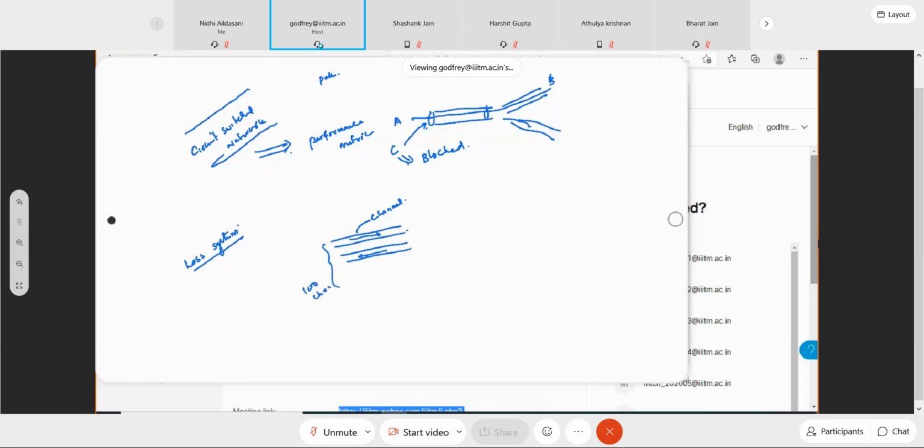Now let us assume only 100 channels are available. These channels are between the mobile devices and the base station, right? So this is the base station, and let's assume it has a capacity of maximum 100 channels. Now let's assume that 50 users are using these 100 channels.